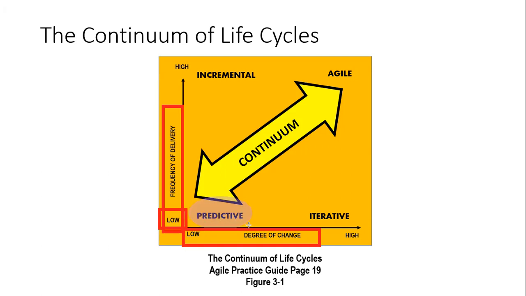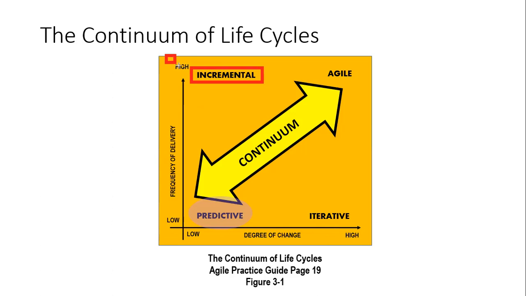Get it? When you have a low degree of change, but a high frequency of delivery, this is when it is better to use incremental. When you have a low frequency of delivery, but a high degree of change, see that here?